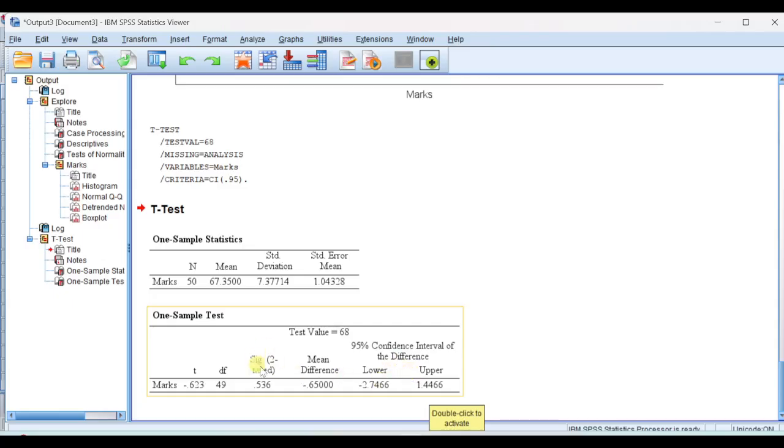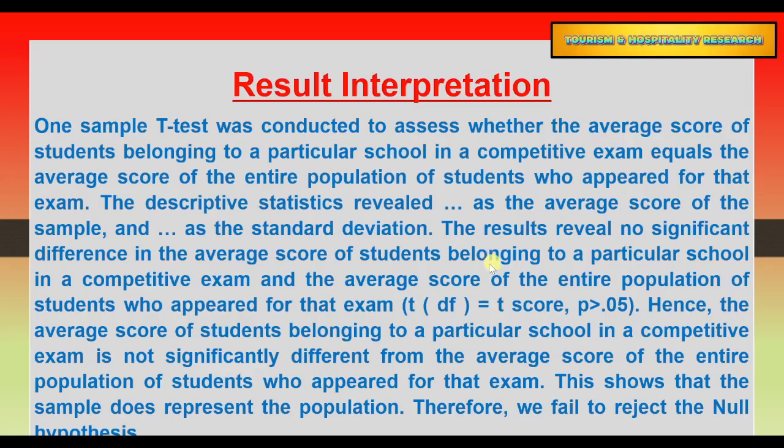But in this case, through the p-value as well as the confidence interval evaluation, I assess that my mean score of the sample and the mean score of the population does not have any statistically significant difference. So this is how you interpret the result, whatever you got from SPSS.